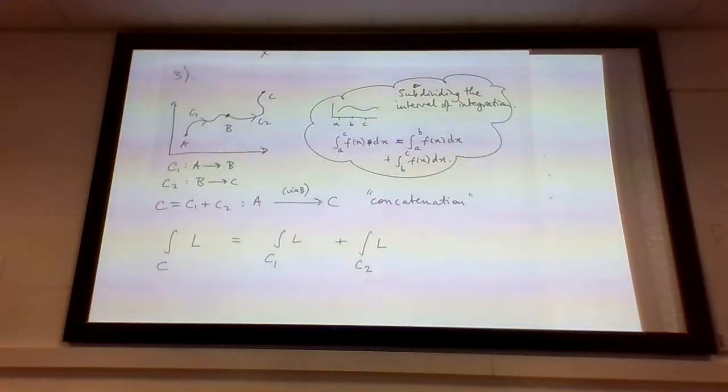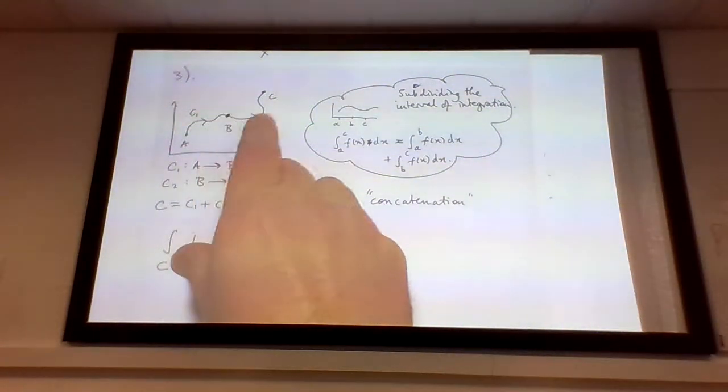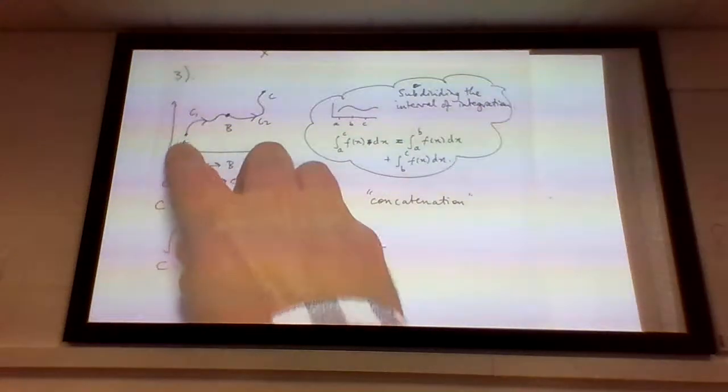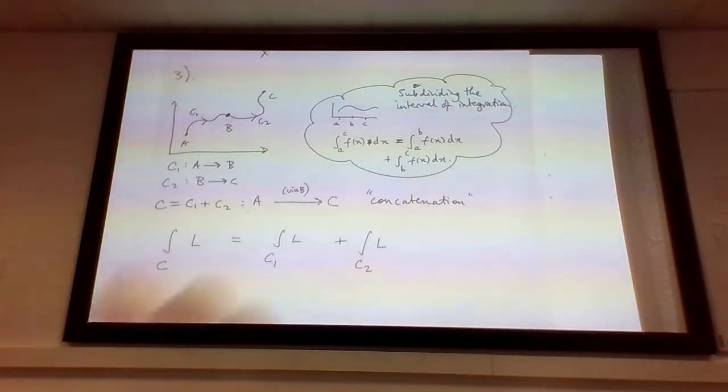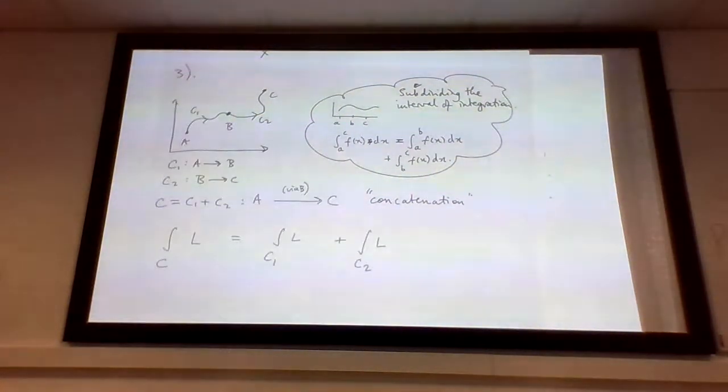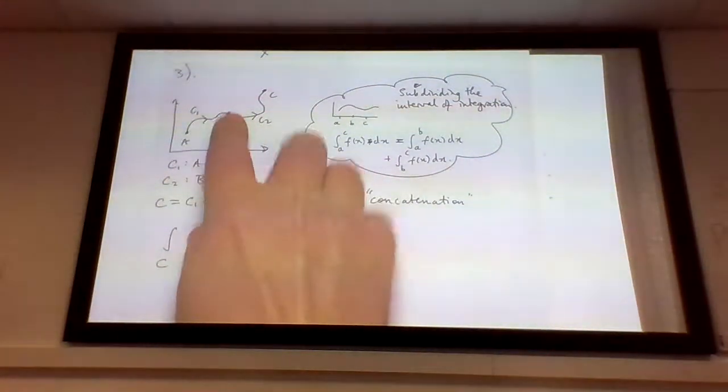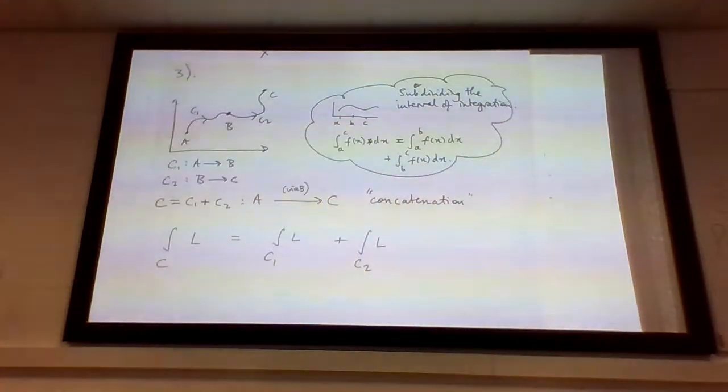You're still traversing the same set of points. You're still traversing the same path. In the first case, you're just traversing it in one go. In the second one, you're first of all going from A to B, evaluating that, and then separately from B on to C, and evaluating that.